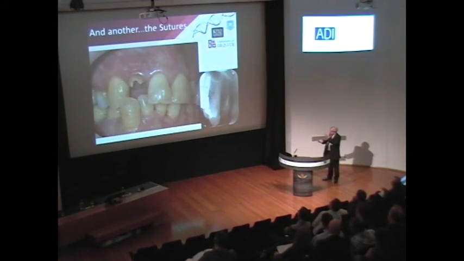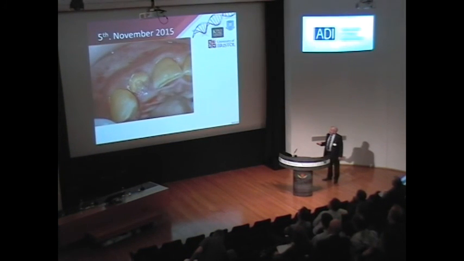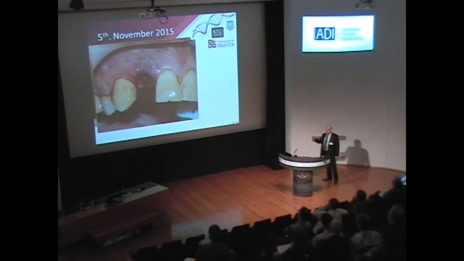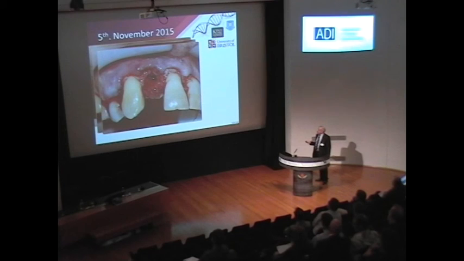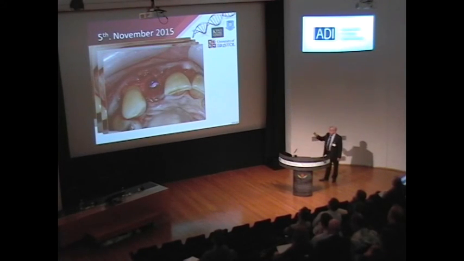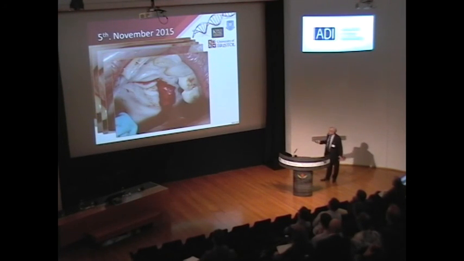So, you get another one, slightly different. We've got palatal wall fracture, so we've got lots of palatal granulation tissue, all going to be preserved, hanging there, implant up in place, and we're going to put in our bio-oss into that alveolar void, and we're going to get in our connective tissue.